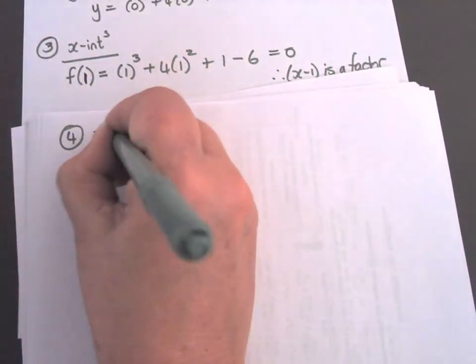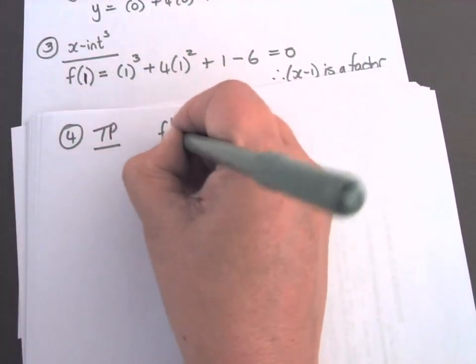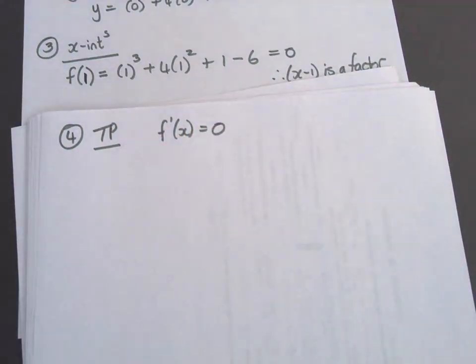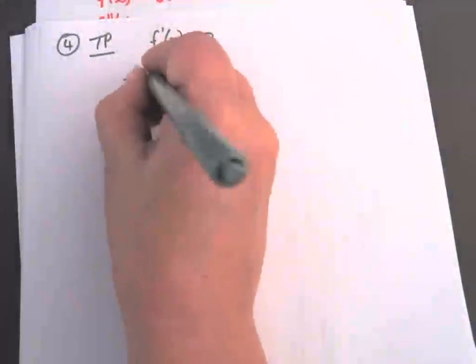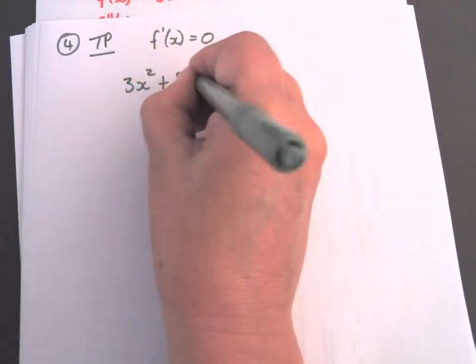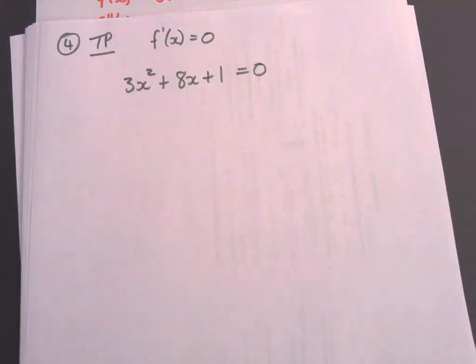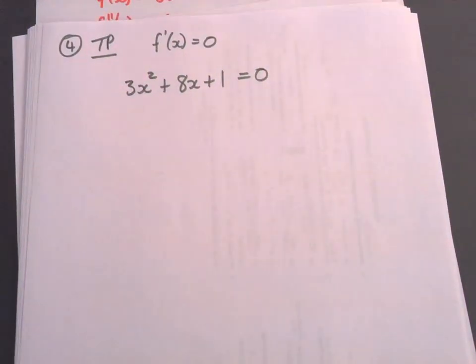The turning point is where the first derivative equals 0. So my first derivative was 3x squared plus 8x plus 1 equals 0. There is no way that you can factorize that one.